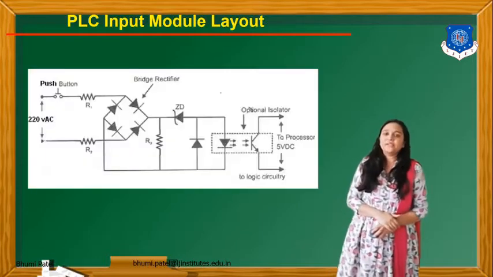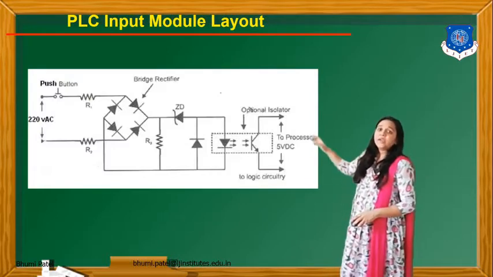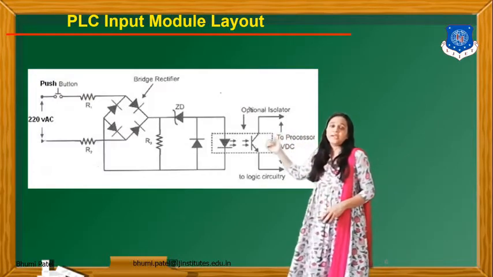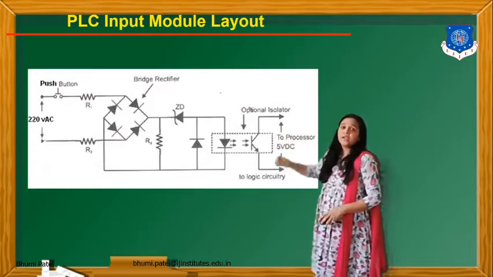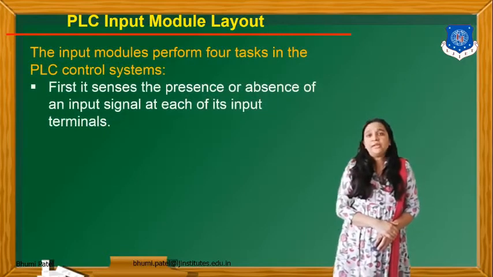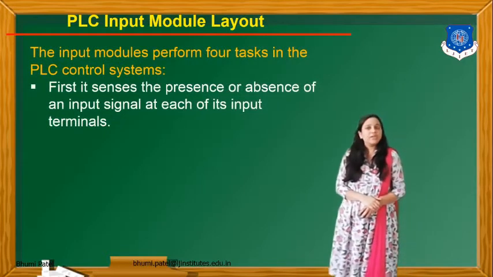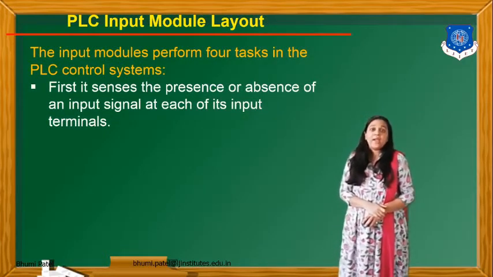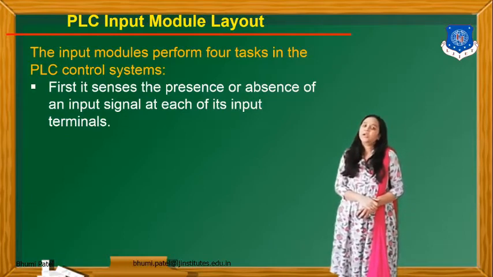Here in this diagram we connect a 220 volt AC input, and after that a push button. So the first task of the input module is to sense the presence or absence of the input signal at each of its input terminals.